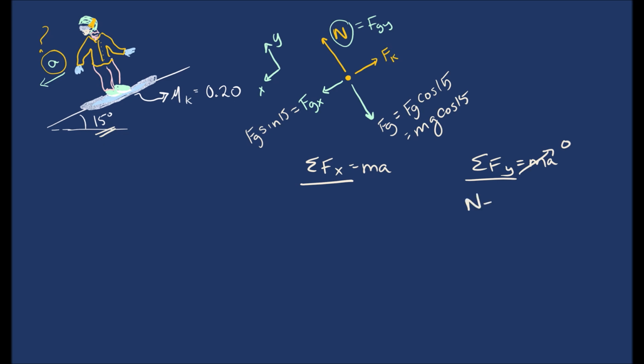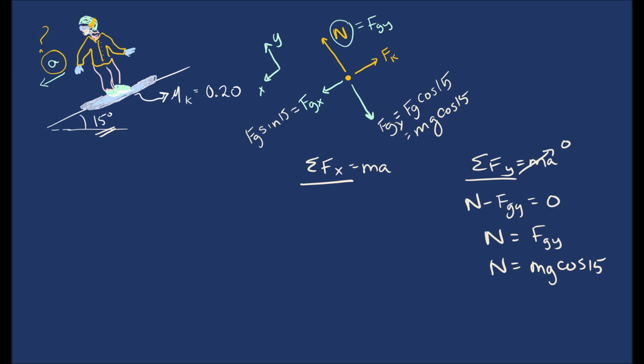So we have N in the positive direction minus Fgy, oops, we need a little y right there, equals 0. Okay, so summing our forces in our y direction basically just gives us that the normal force is going to be equal to mg cosine 15.